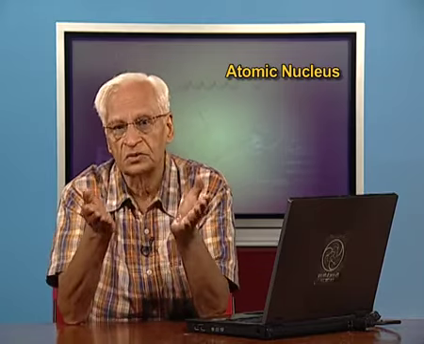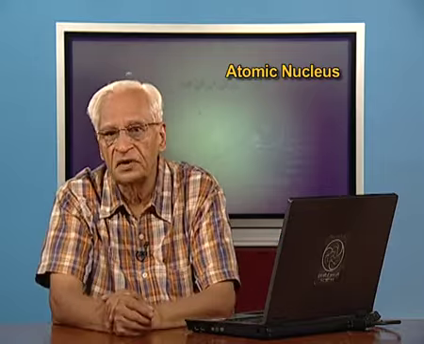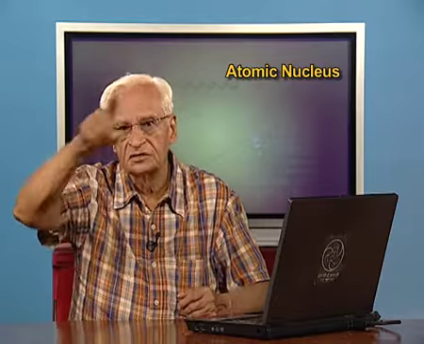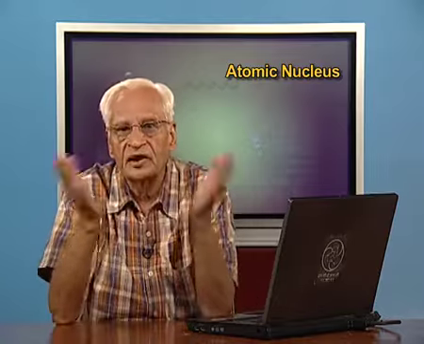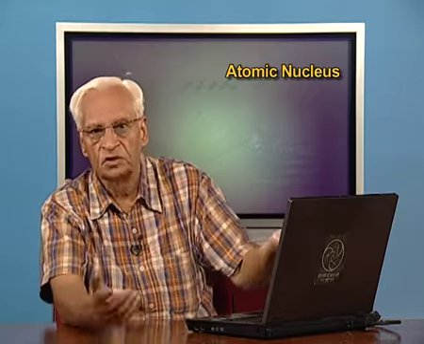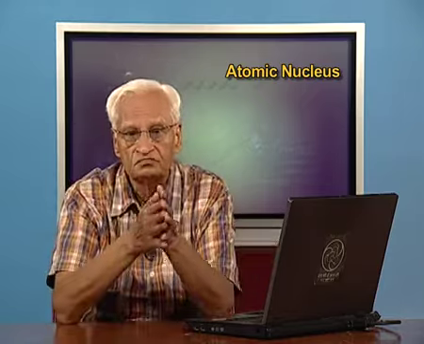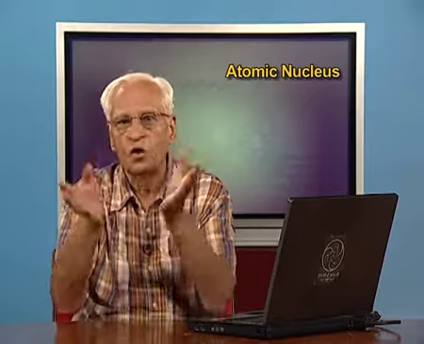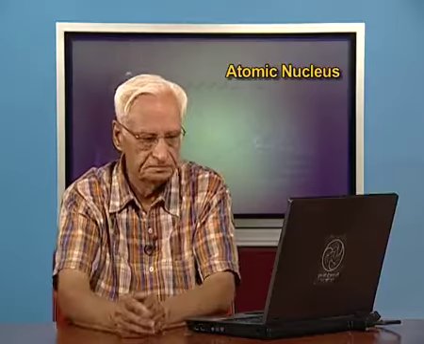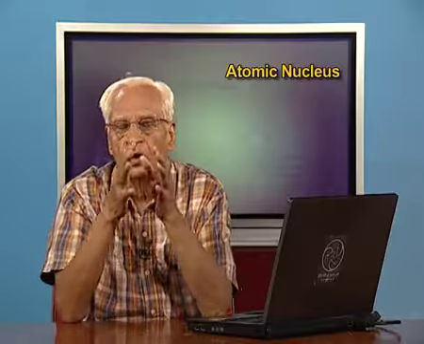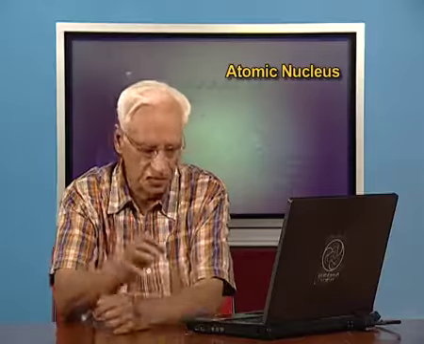This became impossible because of the uncertainty principle, and therefore, the existence of definite orbits also became impossible, and therefore, now we talk only of clouds of electrons which are orbiting the nucleus. The Bohr atom has been modified to this extent. So, instead of definite orbits, we can talk only of probability clouds of electrons.